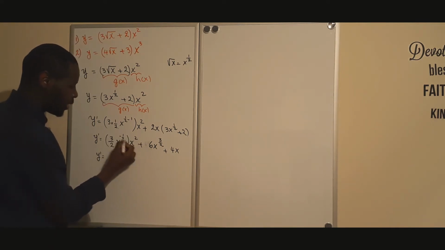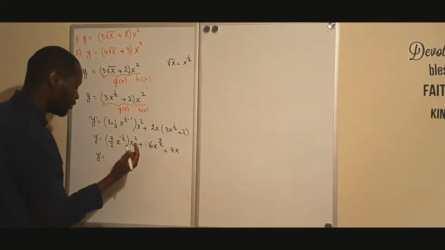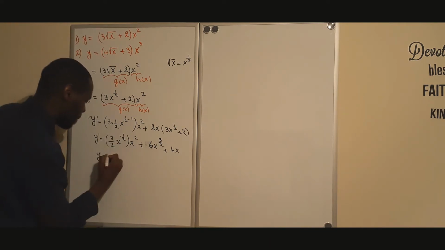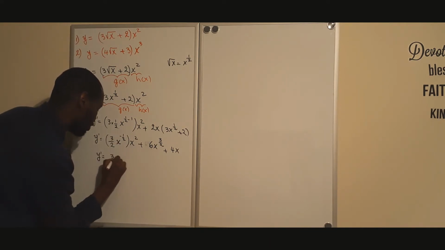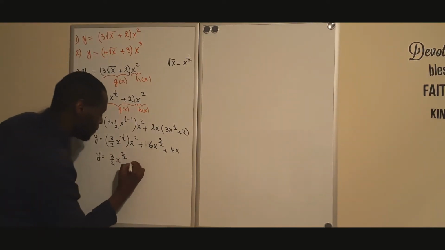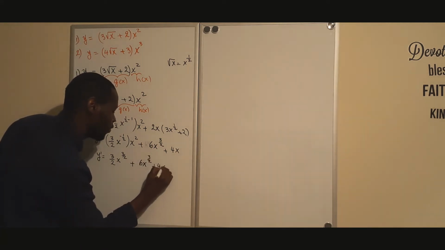Since they have the same base, I will add their powers. 2 minus 1/2 equals 3/2. So I get 3/2 x to the 3/2, plus 6x to the 3/2, plus 4x.